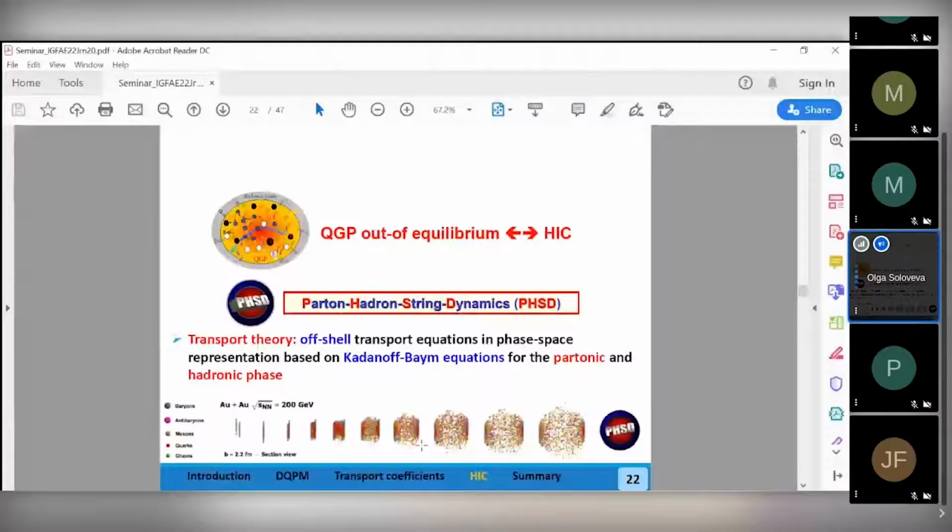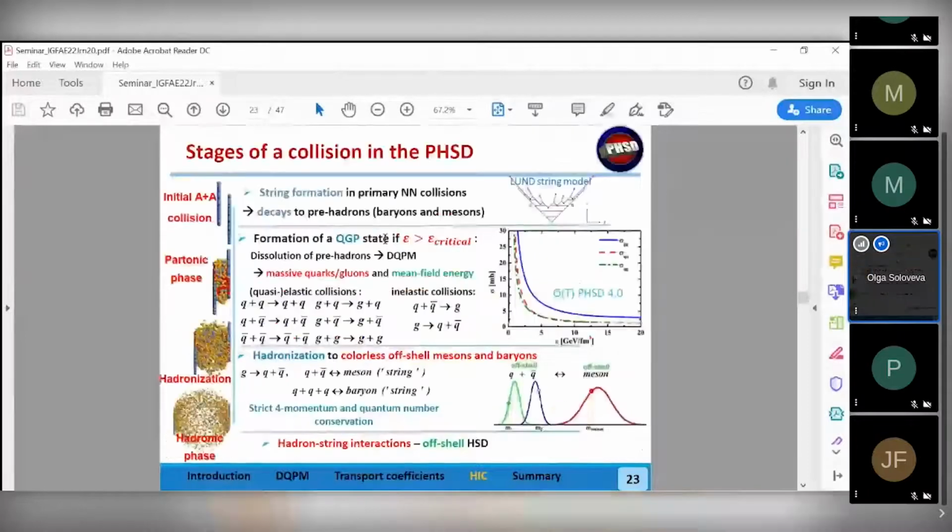The partonic phase occurs when the energy density is larger than the critical energy density, which is around 0.5 GeV divided by fermi cubed.